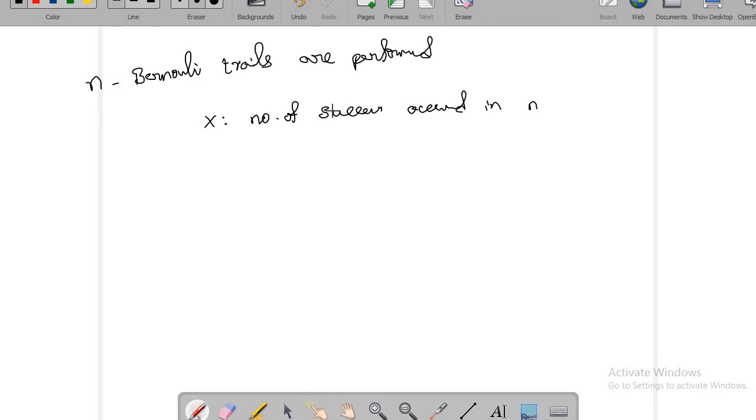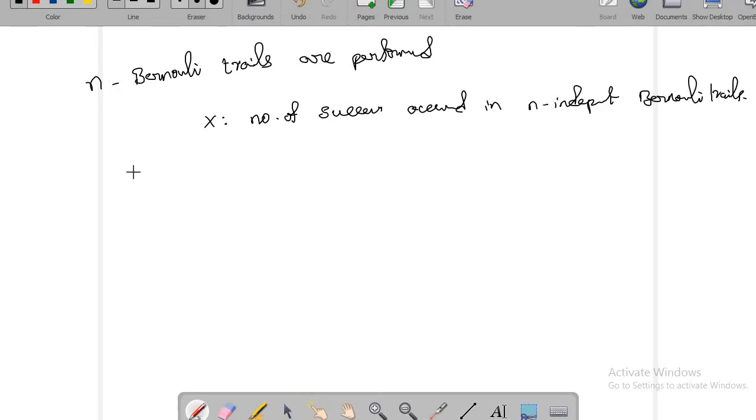Let's assume that one trial is not going to affect the next trial. Like when you toss a coin, if the first outcome is head, that does not decide the second outcome. That may be head or tail, we are not sure about it. So one trial is independent of the other trial. So this is what we'd like to see.